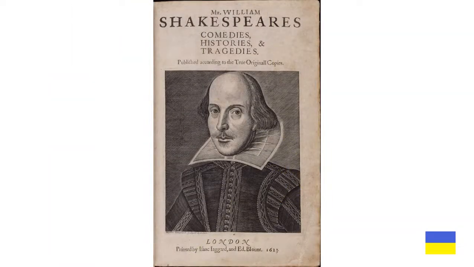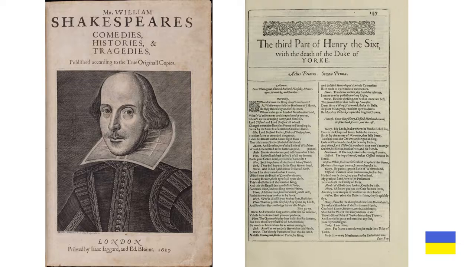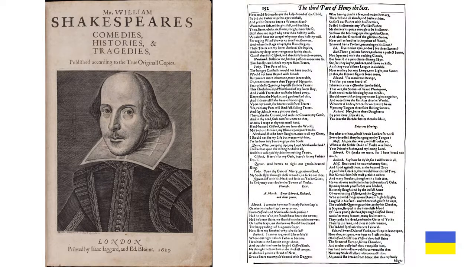Hidden within the First Folio are plenty of clues as to the original and true identity of the author. I thought I was done with the third part of Henry VI, and in particular page 152, but I was wrong.